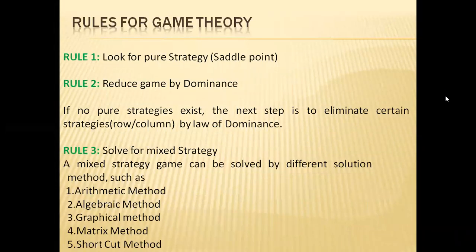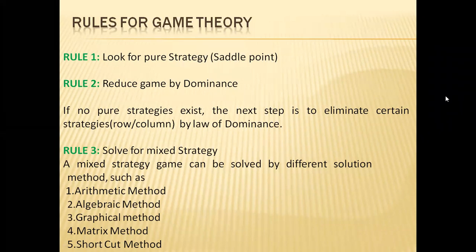So we'll proceed with the rules of game theory. Rule one, look for the pure strategy, that is, the saddle point. Rule number two, reduce the game by dominance.